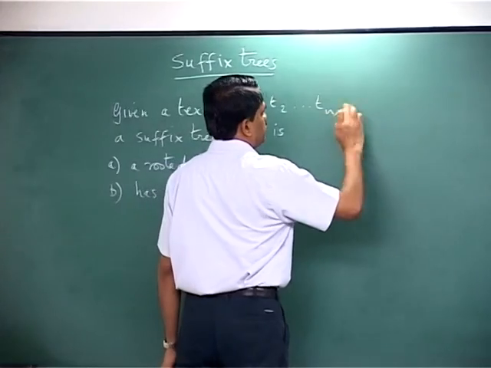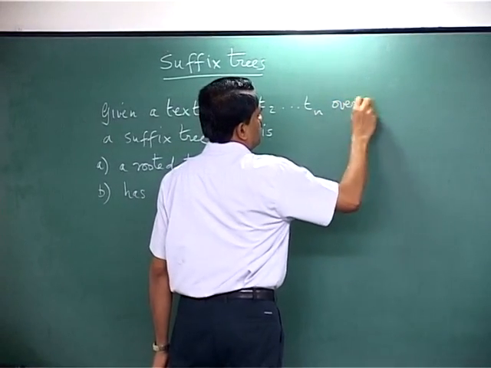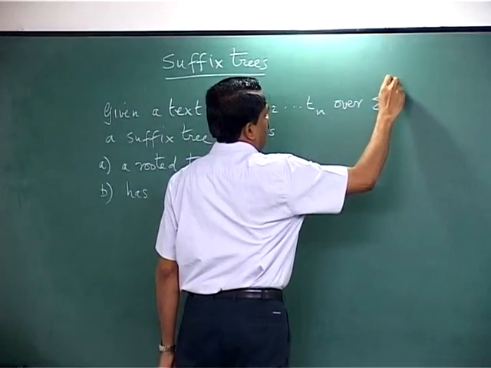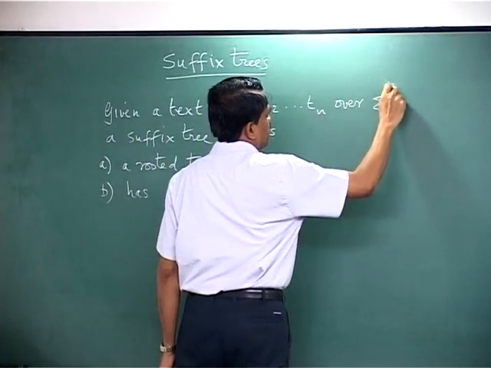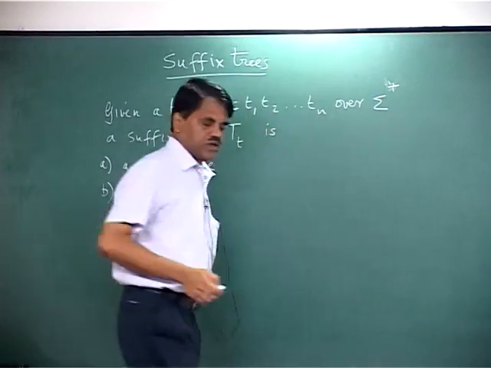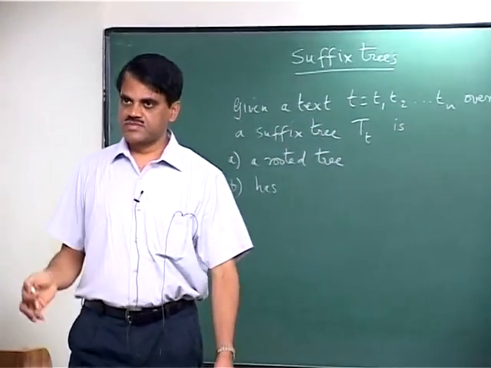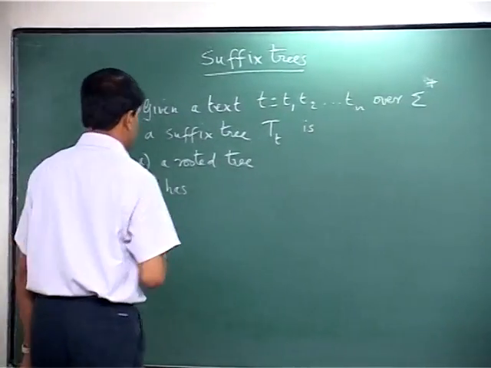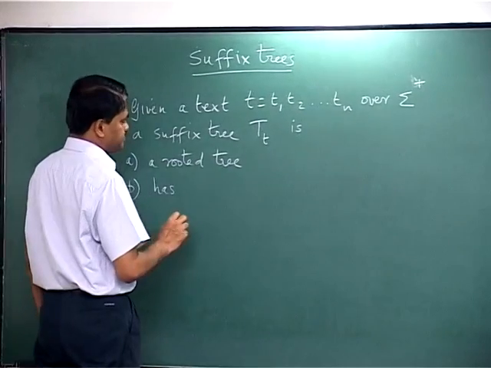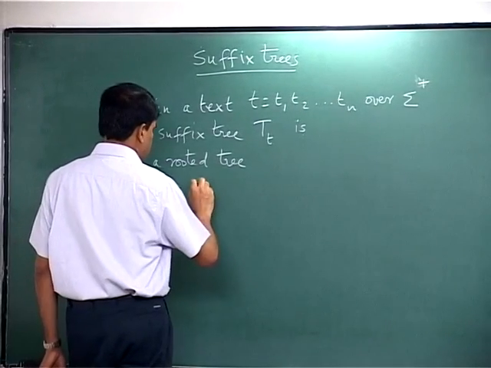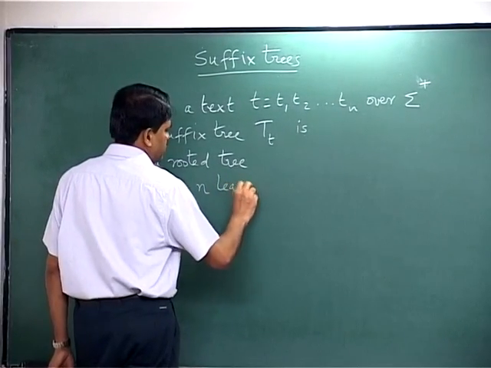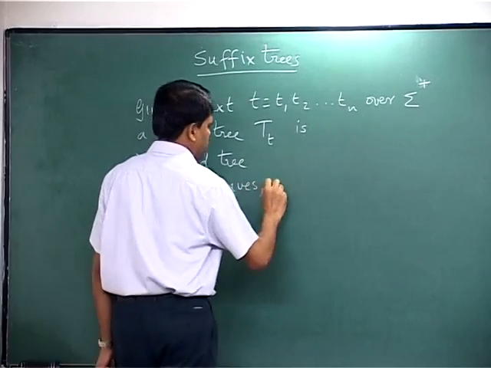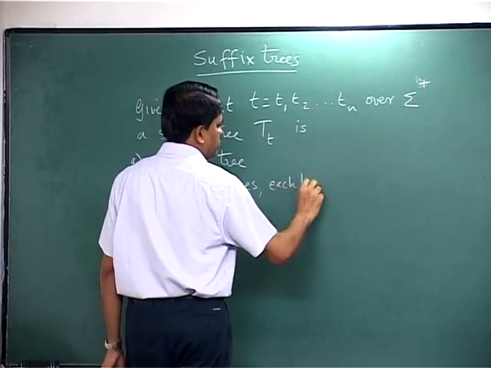So, now over some alphabet sigma, and some non-empty string over that alphabet, has n leaves, each labeled.